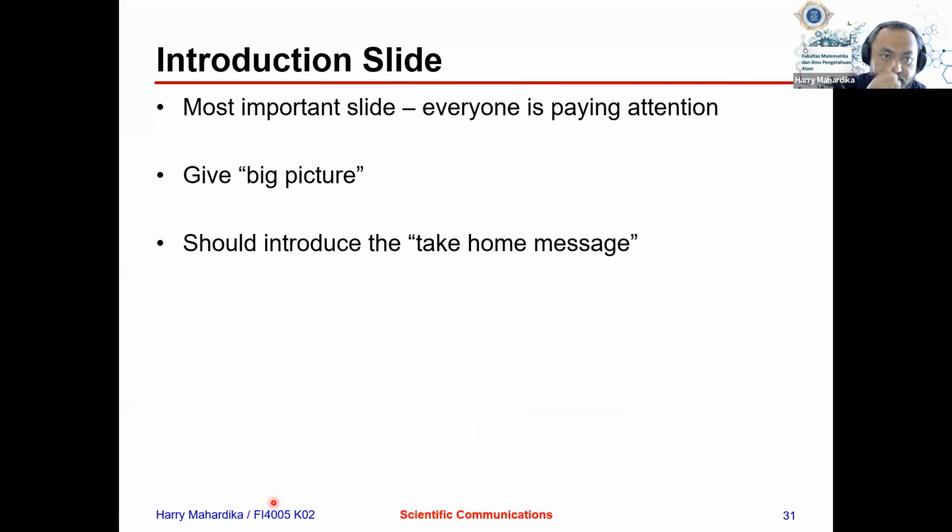Okay, the introduction slide is the most important slide. Everyone is paying attention, because if you remember, the attention span of your audience usually has the highest focus in the first minutes of your presentation, so give the big picture.